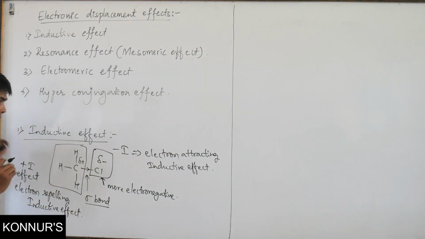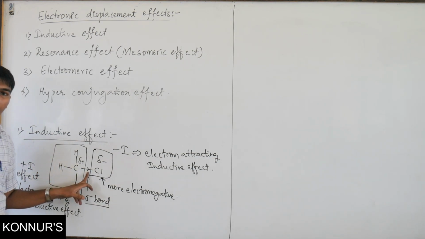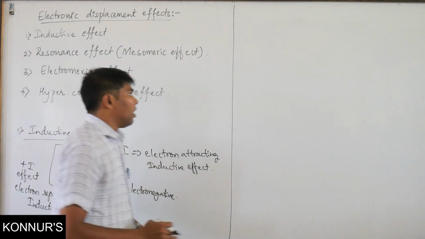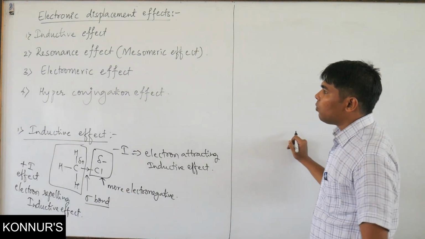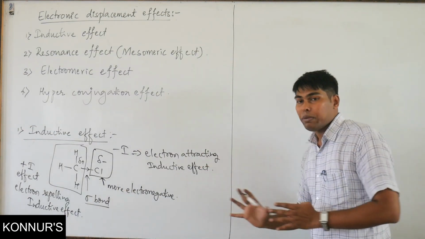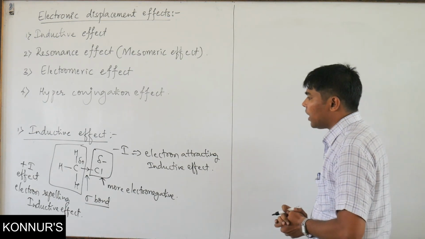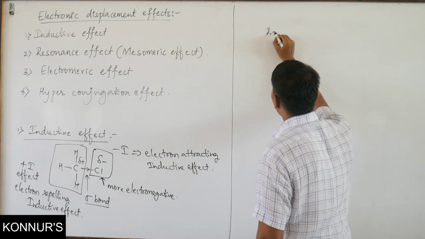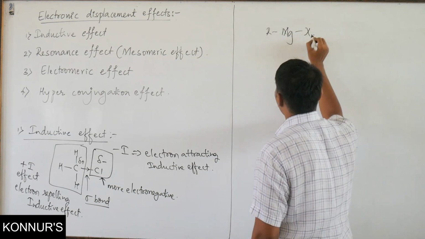Remember the point: the inductive effect is a permanent effect of electron displacement in which sigma bonded electrons are displaced towards the more electronegative element, which gains a partial negative charge, and the atom which leaves the electrons gets a partial positive charge. Now moving on to examples related to the inductive effect. Let us suppose R-Mg-X is there.